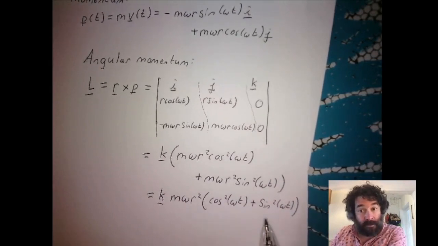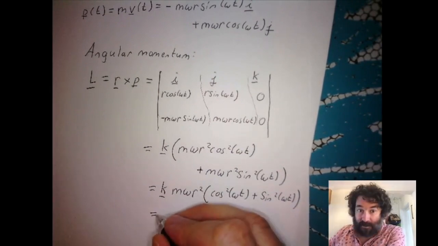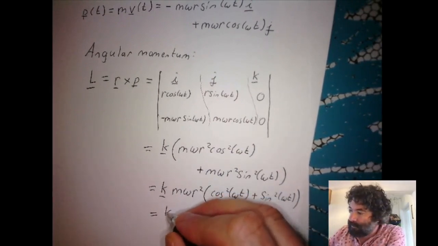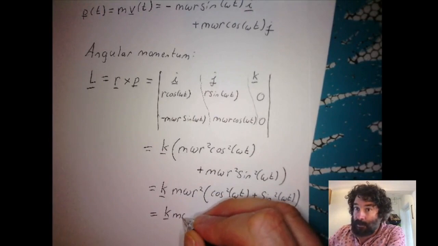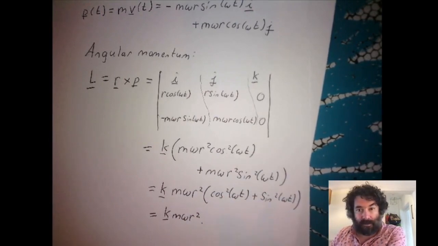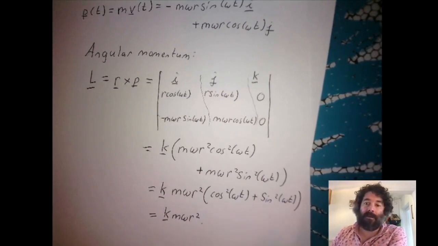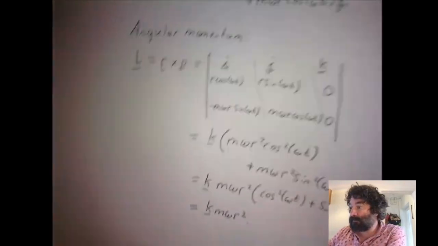And cosine squared plus sine squared is equal to 1, as you know, the Pythagorean identity. And so finally the angular momentum is simply k times m omega r squared. So the angular momentum actually ends up being fairly simple, doesn't depend on time anymore, and it is still a vector. And now we want to know the angular momentum about the z-axis.